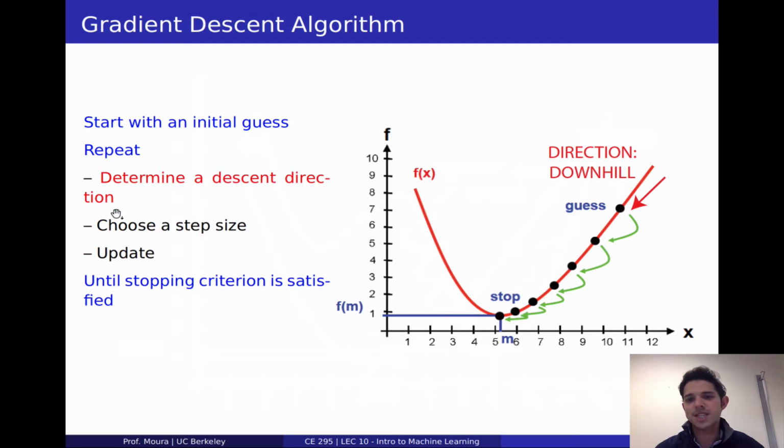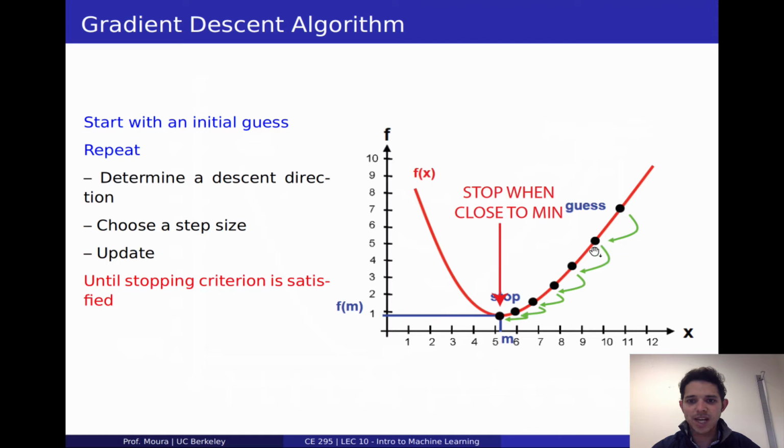Then you choose a step size for delta x. You'll take a step in the direction of decreasing x, and then you'll get to the second point. Now you're here, and you'll recompute the gradient and keep going with this algorithm, and then you stop when some stopping criterion is satisfied.